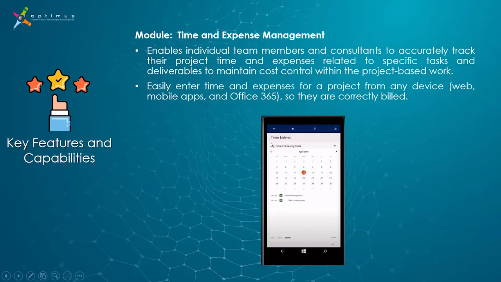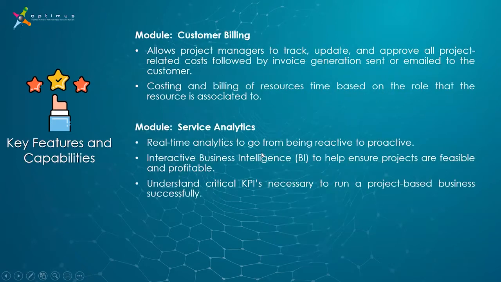I'm going to show you that too, because I think it's a really good thing. There is a customer billing model that allows you to track, update, and approve all the billings. You could send the billings, schedule the billing, and have everything related to the billing of the project directly in just one platform.